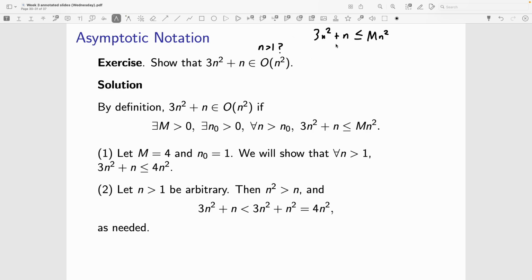This is thankfully another easy example. As long as n is at least 1, or no, greater than 1, then we'll be able to turn n into n squared in our simplified expression.